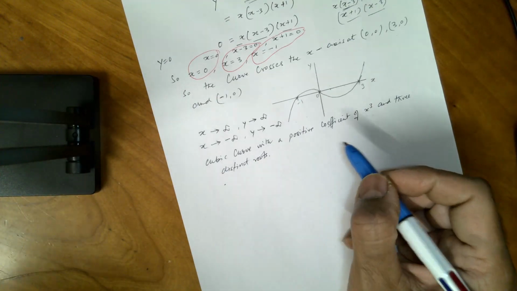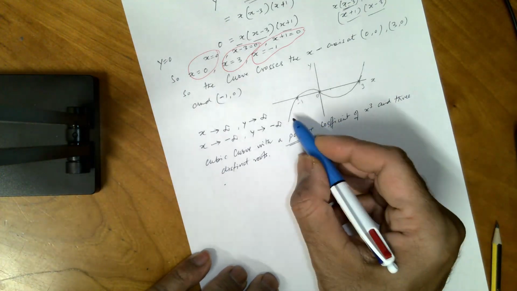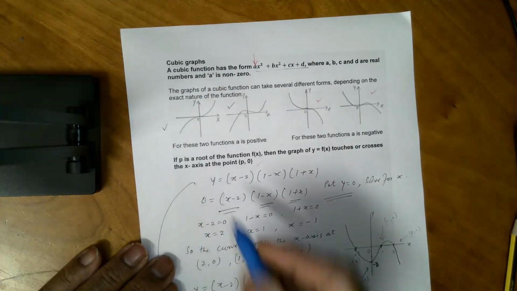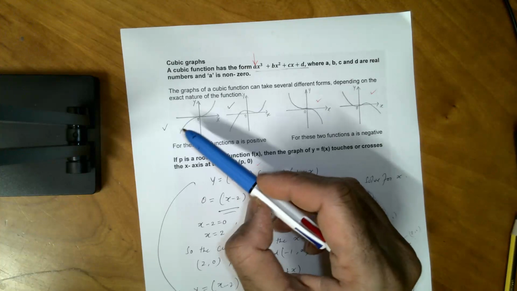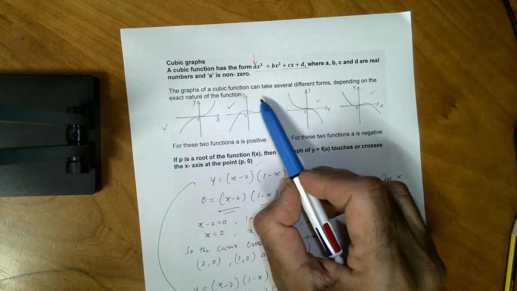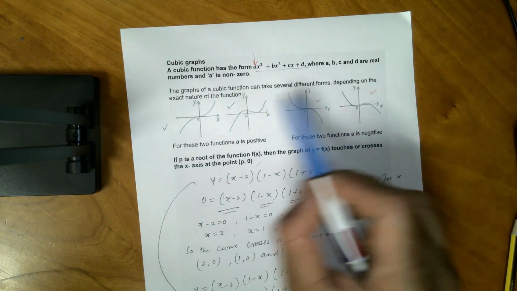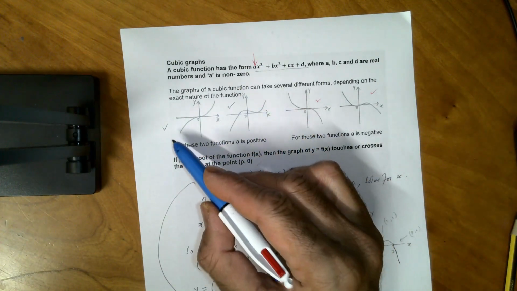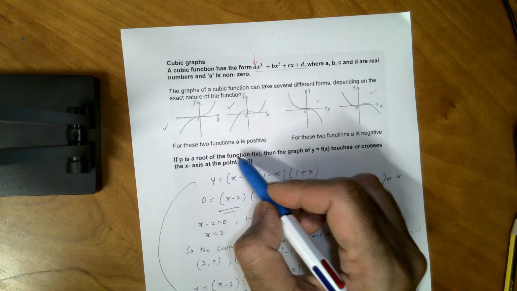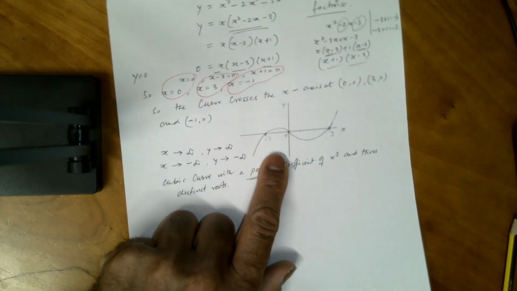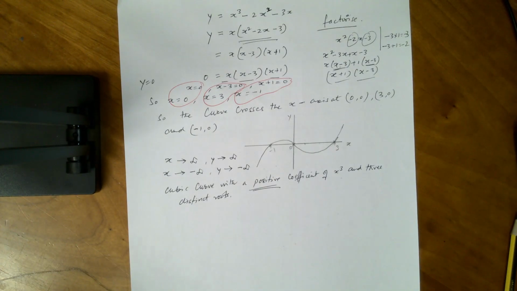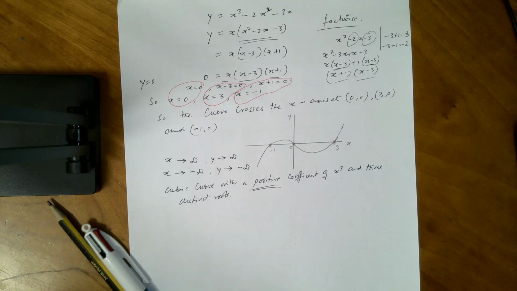So this type of curve, and if I show you here as well, the graphs of cubic functions can take several different forms depending on the exact nature of the function. So you see, you got these two functions when a is positive. This is what you got here. I hope it's clear to you.